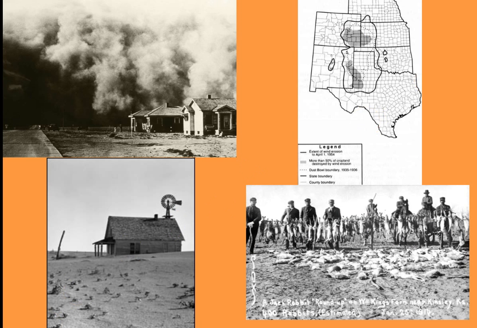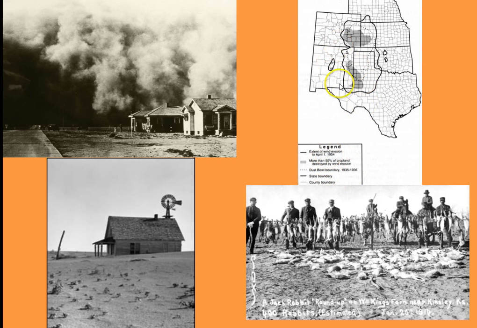That's kind of the Midwest, the Dust Bowl area, very dry. The winds, here comes the dust. You can see it afterwards. You can see the dead animals. This is when they had a big old jackrabbit roundup, trying to get rid of them all. And up here is your graph showing the Dust Bowl itself.